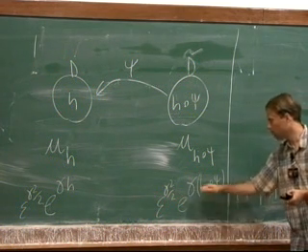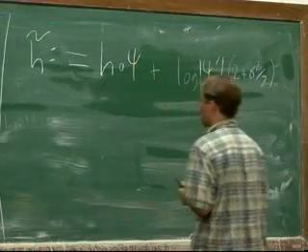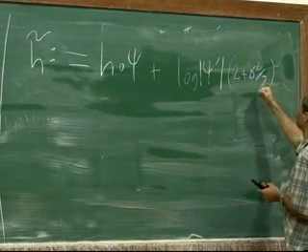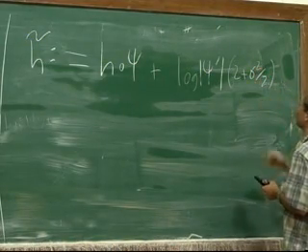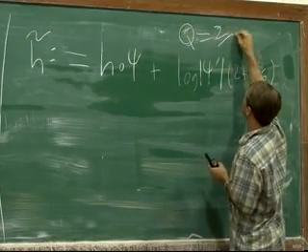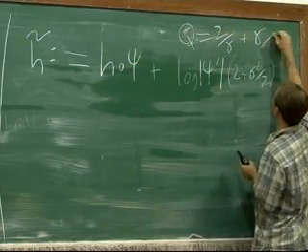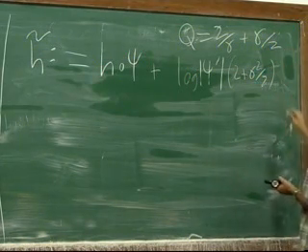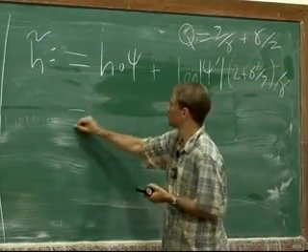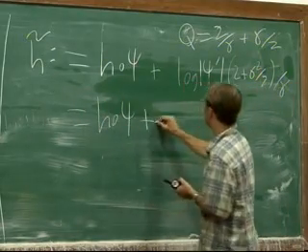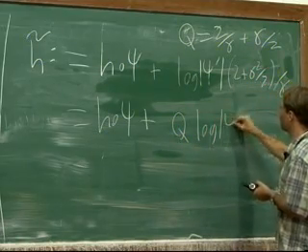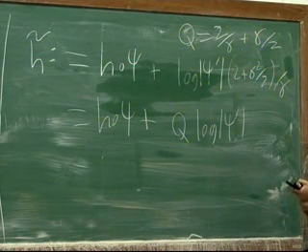But I'm taking e to the gamma times h, so I'm going to want to divide by gamma here. If I divide this by gamma, I get something that's called q. Q is defined to be 2 over gamma plus gamma over 2. So this is h composed psi plus q times the log of psi prime.